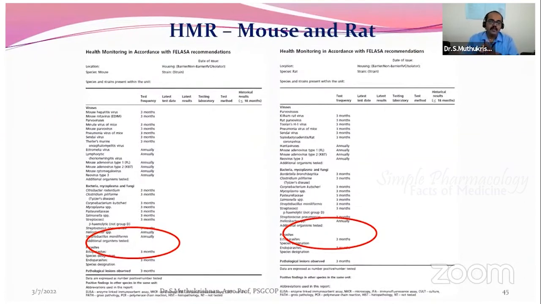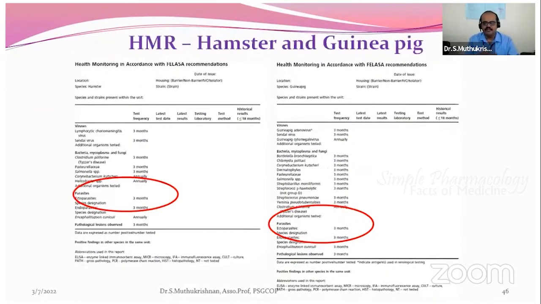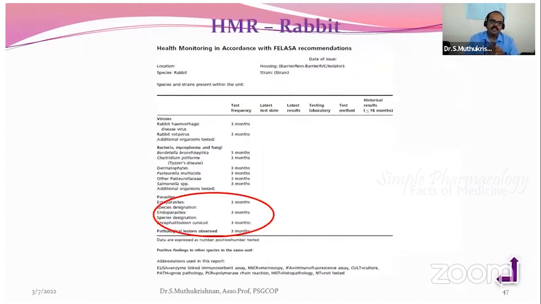Even if the external morphology is good, they check periodically whether there is any internal infection. It differs for each animal, mouse and rat are totally different. These guidelines are given by different federations. What I have displayed here comes under the FELASA recommendations. Based on that, they follow the guidelines, do all the tests, and maintain healthy animals.